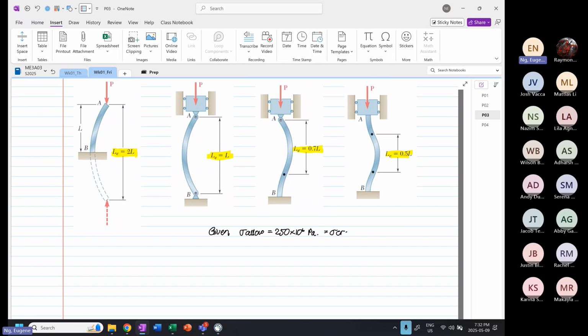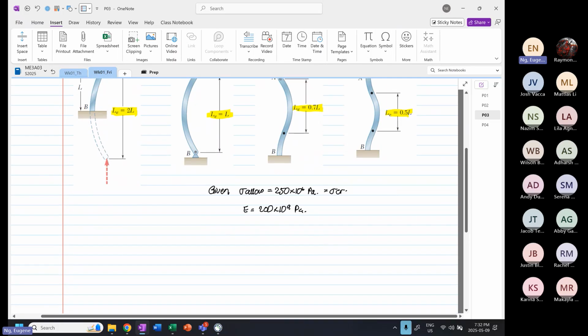And then our Young's modulus is equal to 200 times 10 to the power 9 Pascal. Then the formula that we are going to apply: for all cases, we are going to determine the L over R ratio.